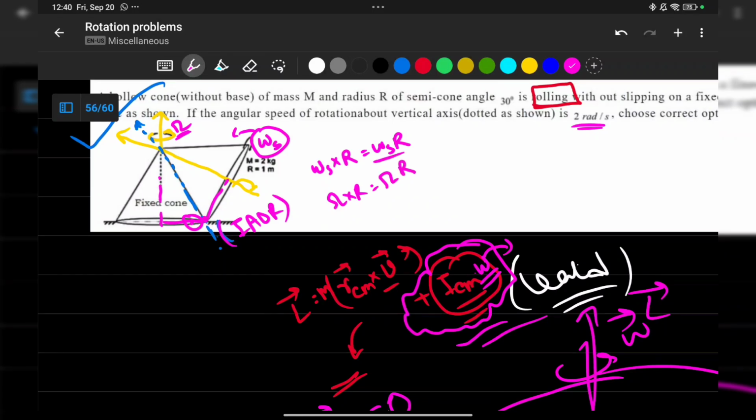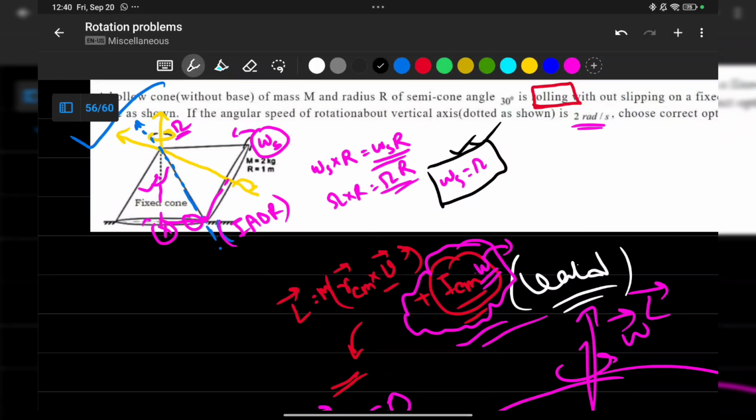These two have to be equal: one gives a downward velocity and the other an upward velocity, and they must be exactly equal for this point to be instantaneously at rest. That's why omega is equal to sigma. Correct.